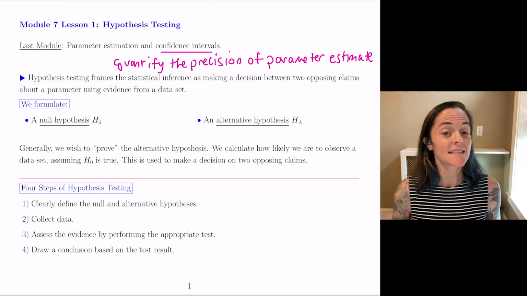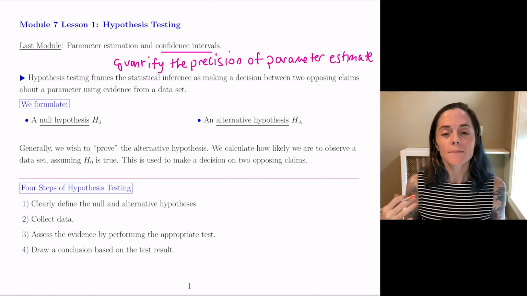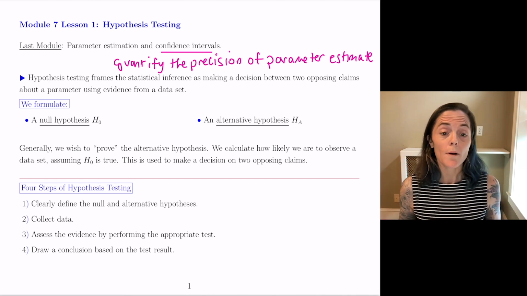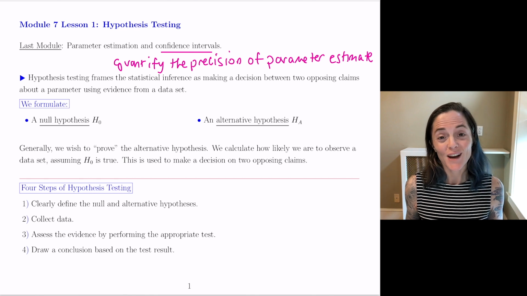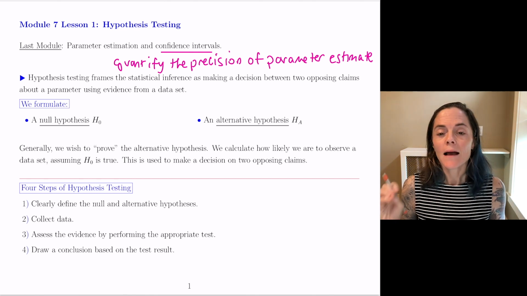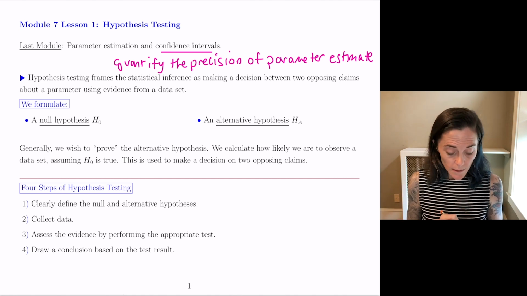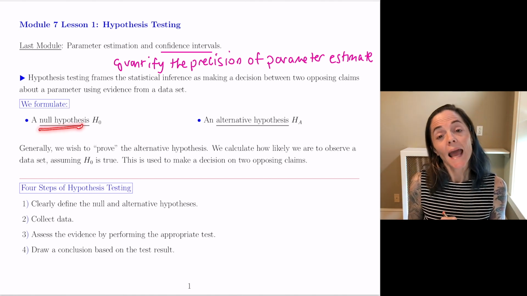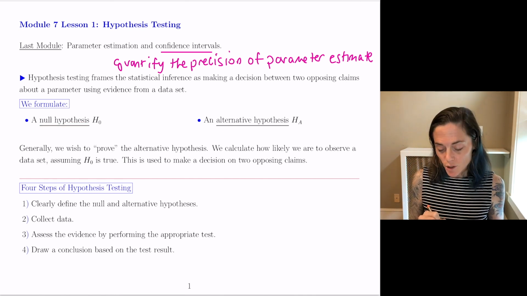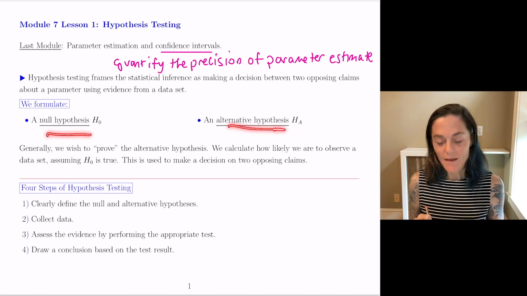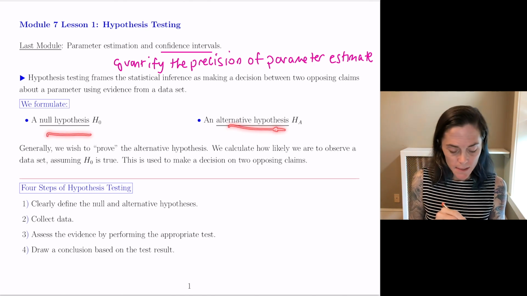Hypothesis testing frames the statistical inference as making a decision between two opposing claims about a parameter using evidence from a data set. We typically formulate what's called a null hypothesis, written H0, and an alternative hypothesis, H sub A. These two will be the two opposing claims.